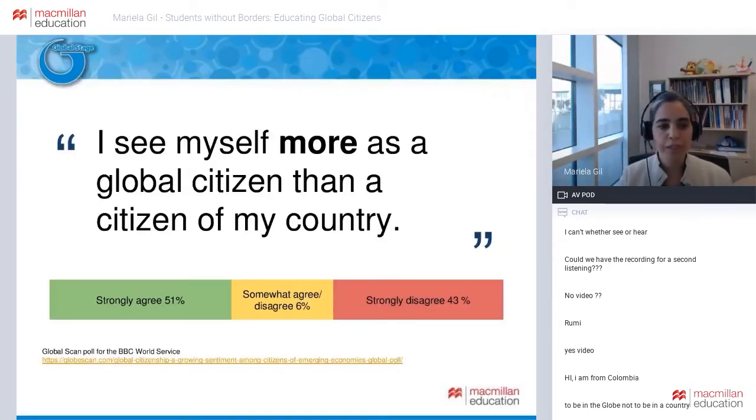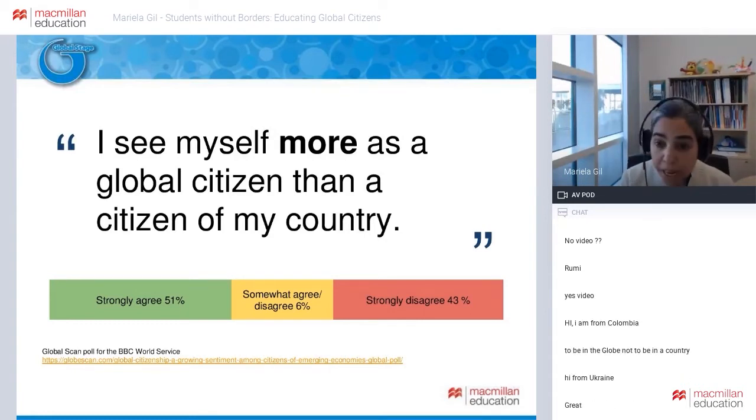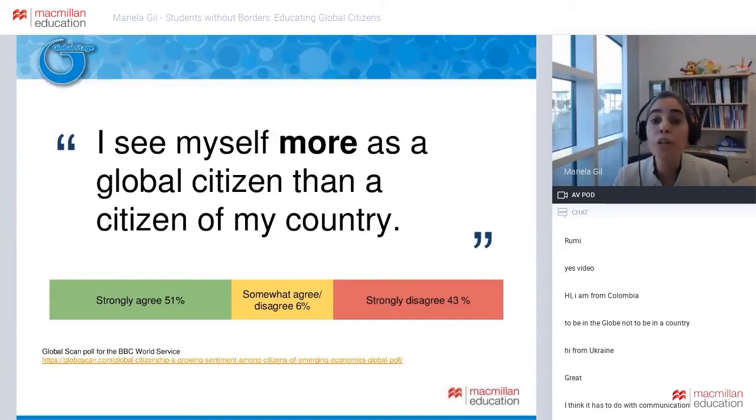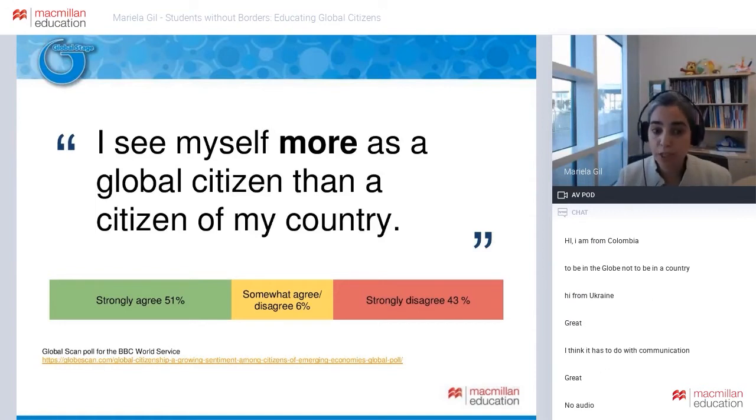There is a poll that the BBC does where they asked people if they saw themselves more as a global citizen than as a citizen of their country. And over half of the people that they polled said that they did, that they saw themselves more as connected to the world than to their particular country.